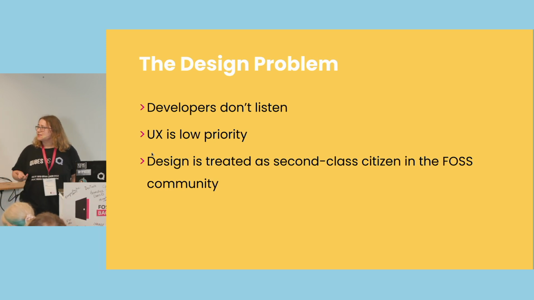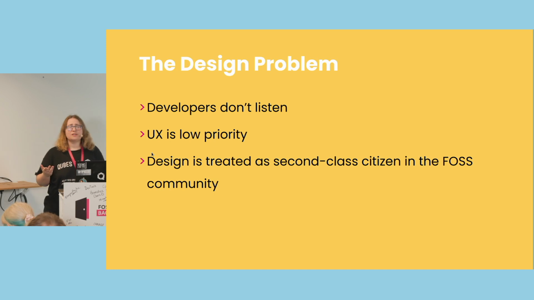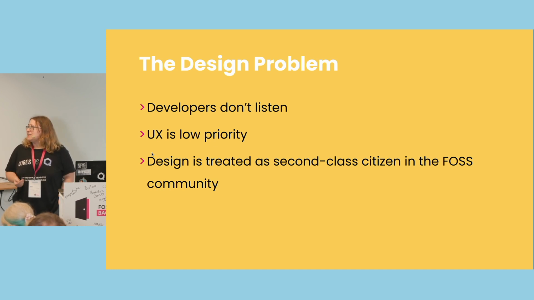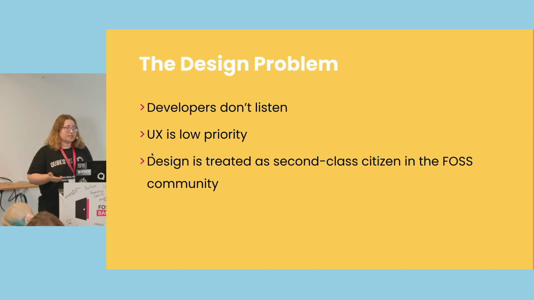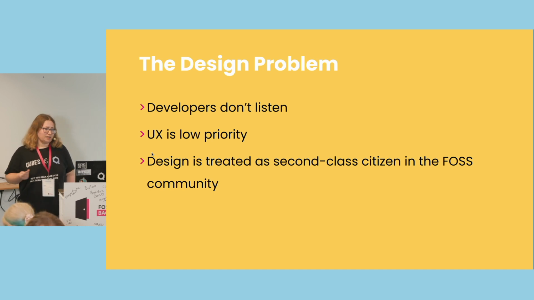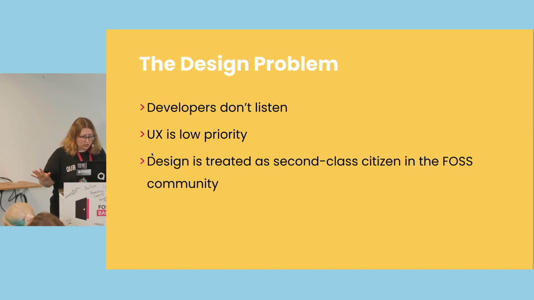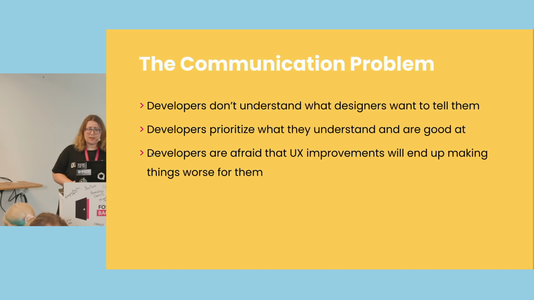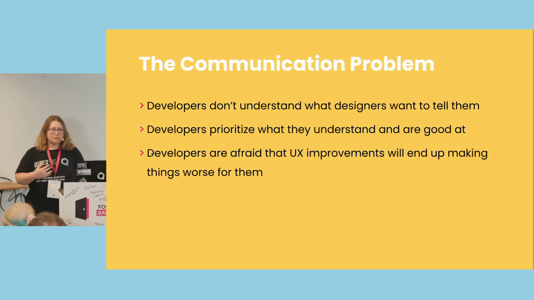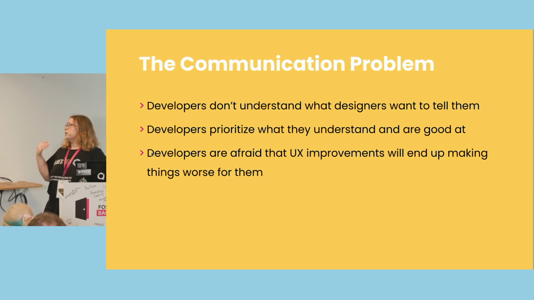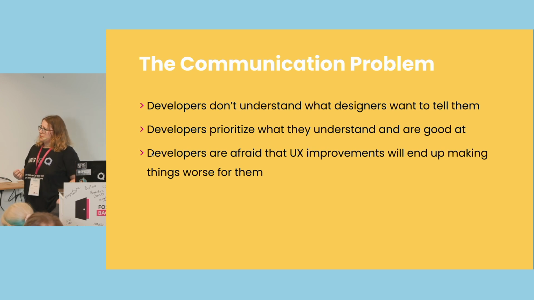We see it at conferences where open source design gets very little space. We see it in many projects. This is not an important part of the community. And I acknowledge all of those problems. But there is also a problem of the way that design people, user experience people, are communicating with developers.